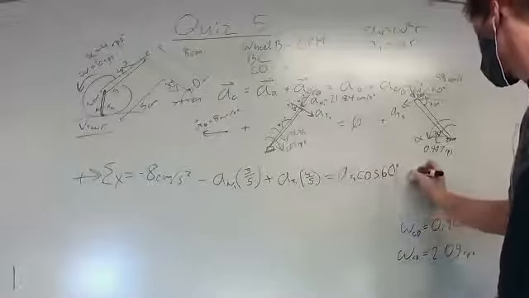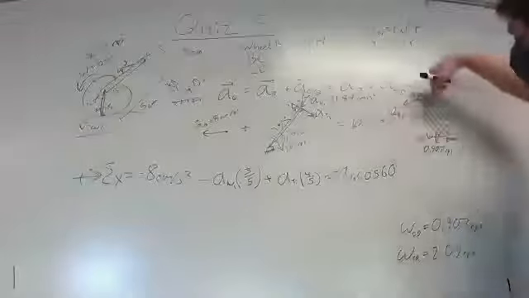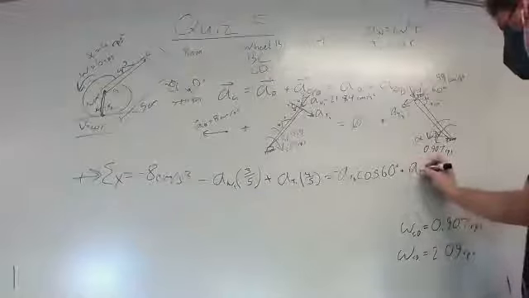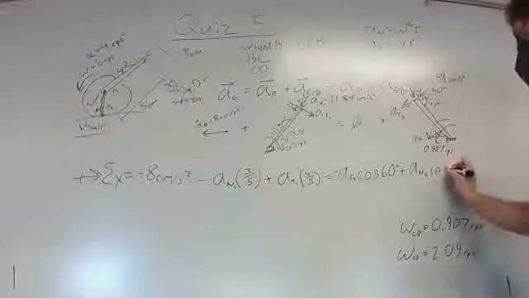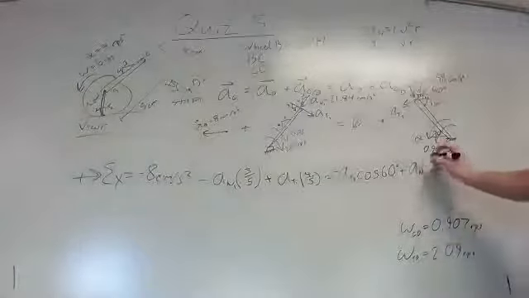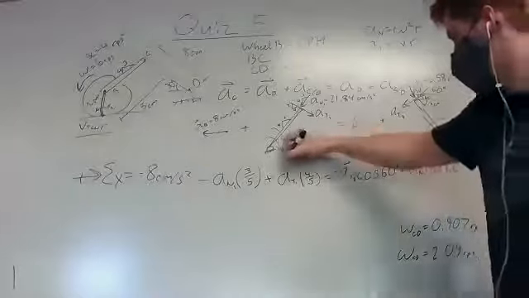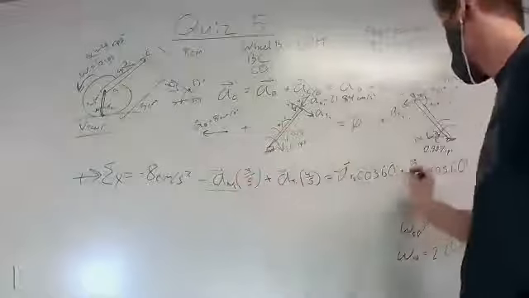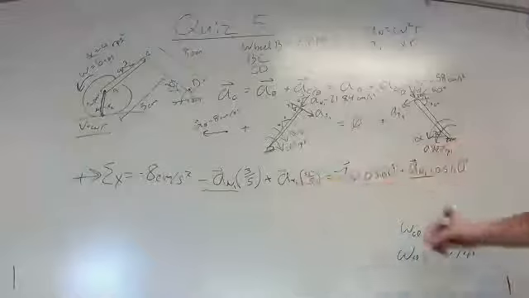That's going to be minus because we can see it's going left. And then we'll have plus for our AN because it's going down and right. So these are known. Our only unknowns here are ATs.